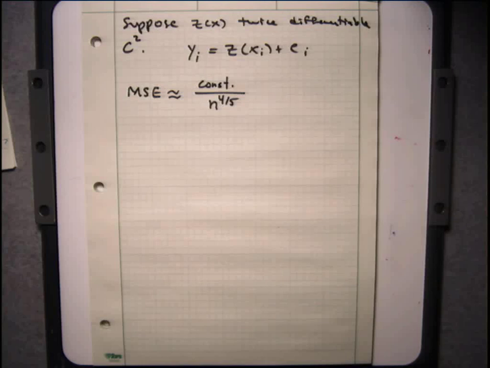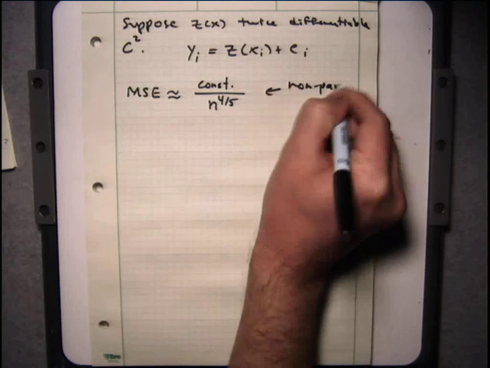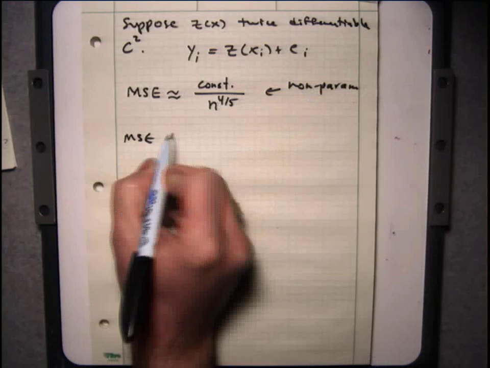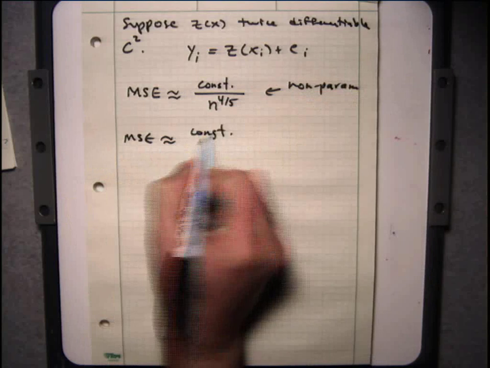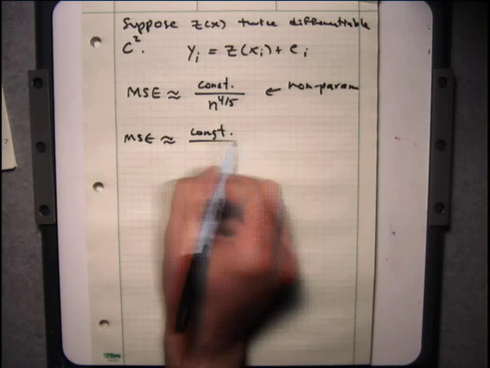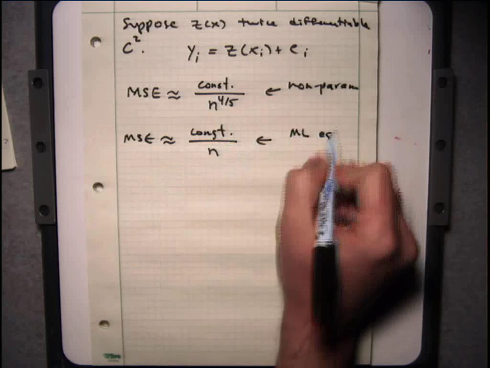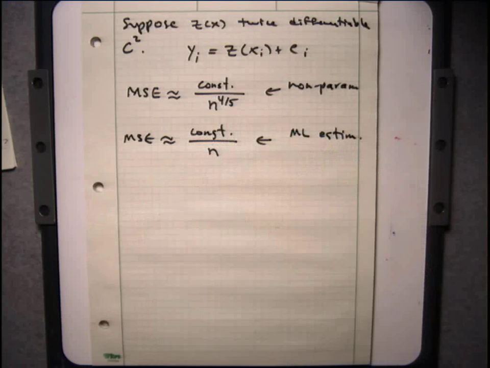Okay. So this is for the non-parametric estimate. On the other hand, the mean squared error was on the order of some constant, which was sigma squared in our case, divided by n. This is for the maximum likelihood estimate. It turns out that this is in fact generally true even if you don't have a constant signal.